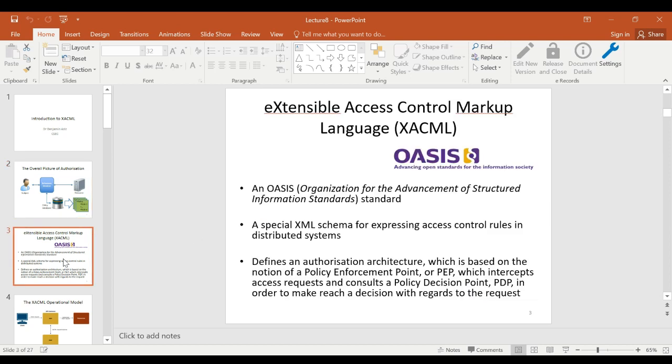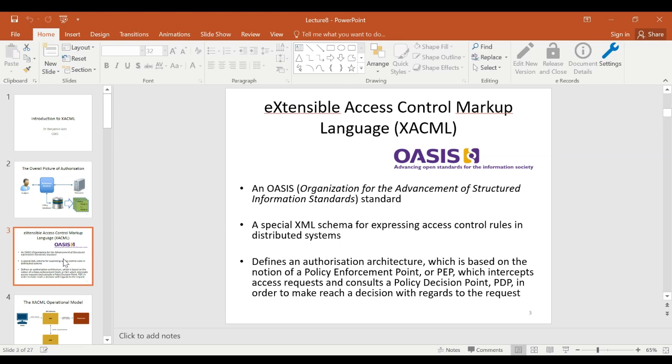Now, as we said, XACML stands for the Extensible Access Control Markup Language. You can think of it as a special XML schema which has been crafted to express access control policies and access control rules in distributed systems.